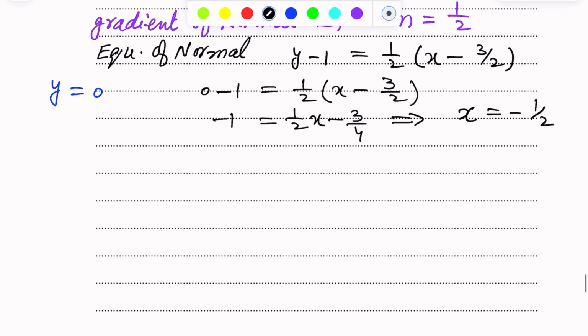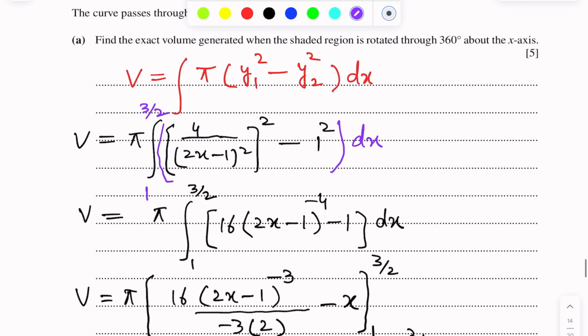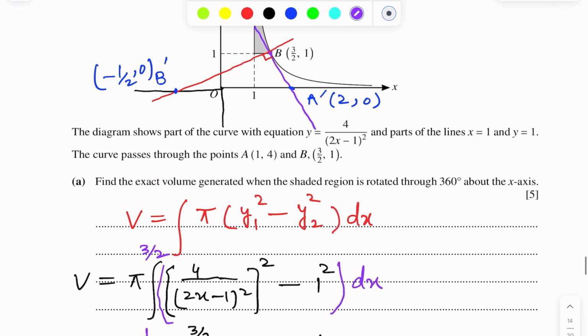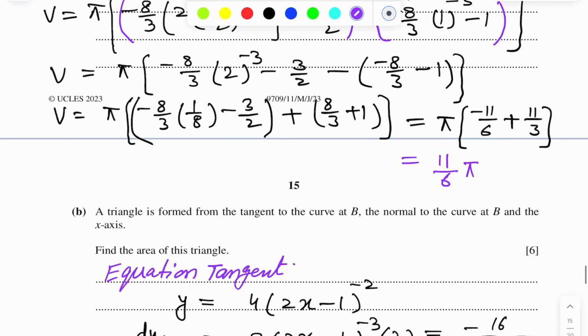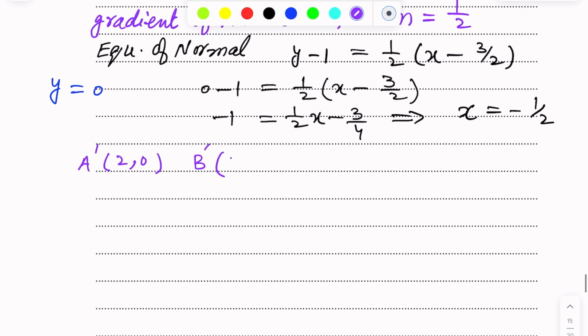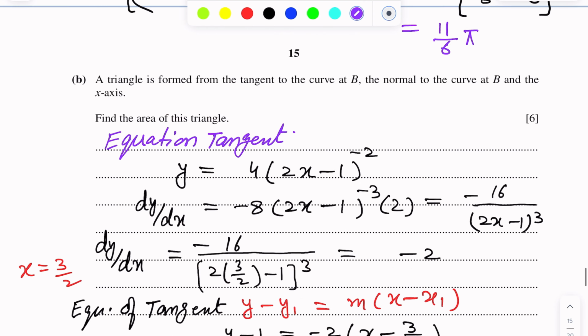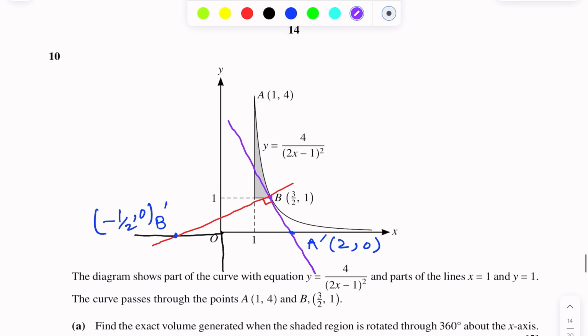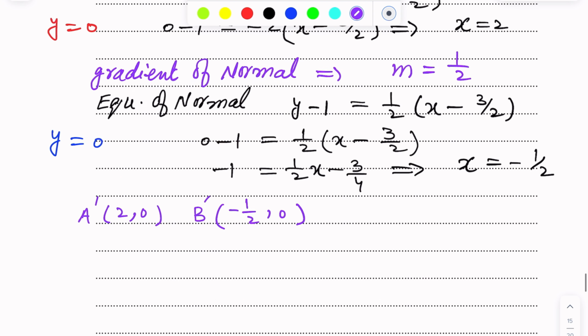A dash is 2, 0, B dash is minus 1 over 2, 0, and point B is given, that is 3 over 2, 1.